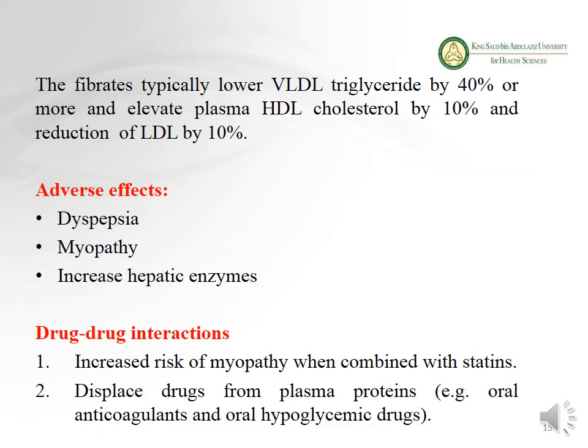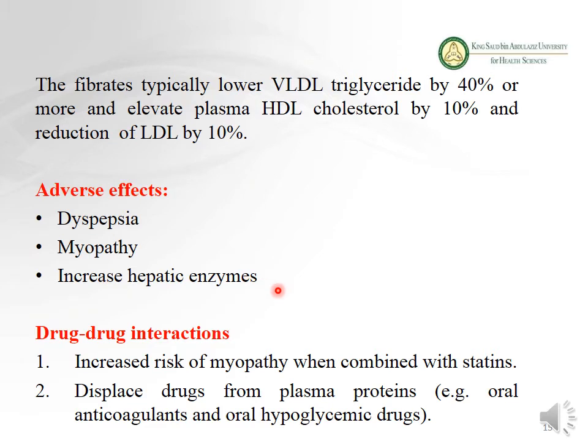Normally, these drugs lower the very low density lipoproteins by 40% and the LDL level by 10%. So it can be used for hypercholesterolemia, while it can increase the HDL level by 10%. The most common side effect is dyspepsia. Myopathy is very less common, however, it can increase when it is combined with the statins.